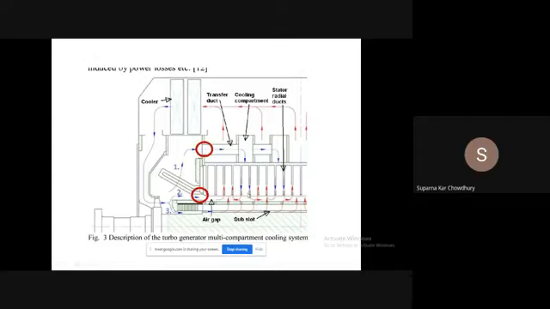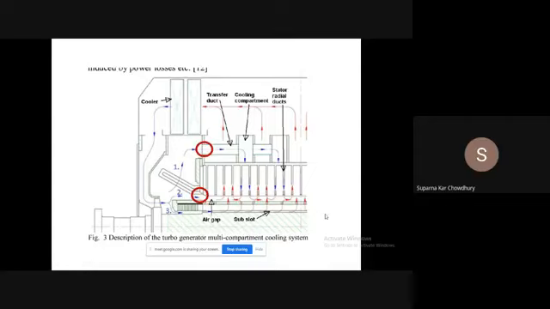This one is the radial duct. There are different cooling compartments. This is the stator radial duct. This is air. There are coolers. This is a combined system, so axial ducts are also there to cool the machine.